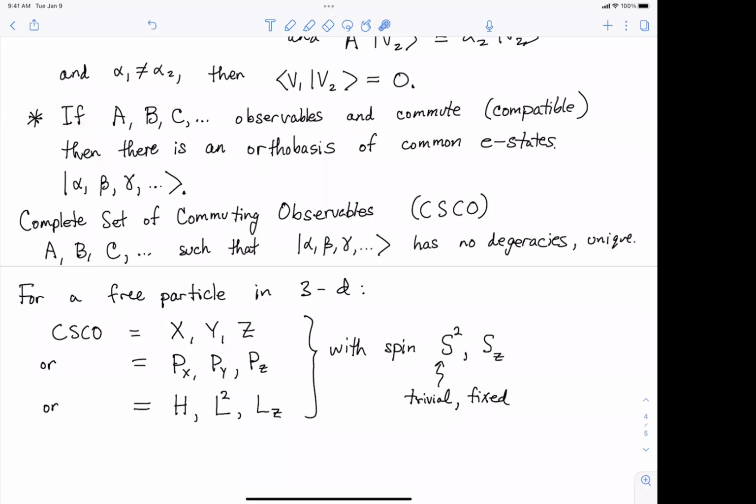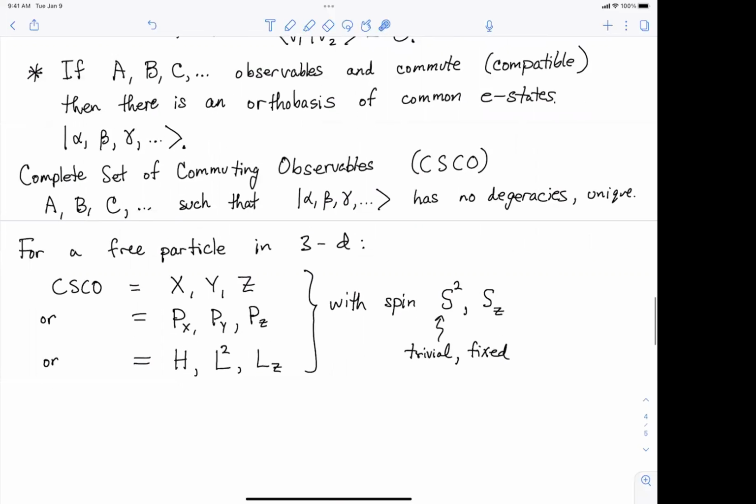But for example, if I've committed to this and that as my complete set of commuting observables, then I can't add L sub x or S sub y, because they don't commute with all these operators, and therefore I've exhausted the operators that I can add.